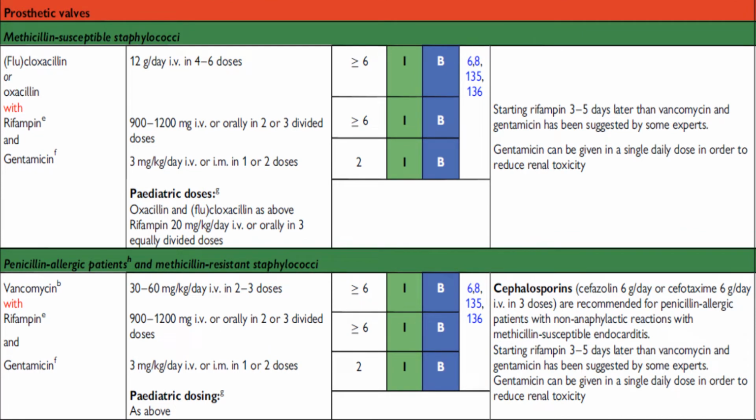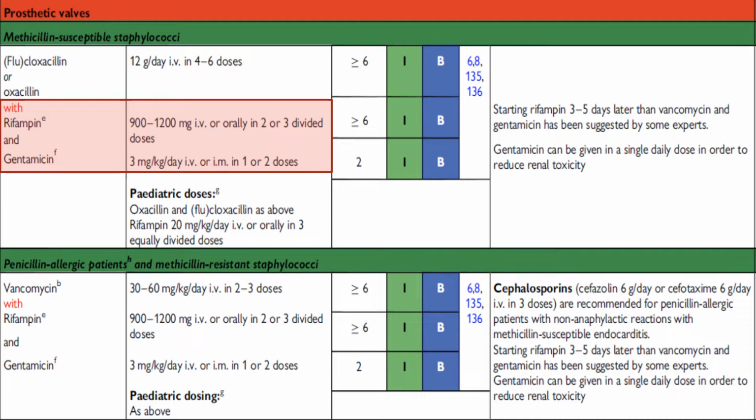For prosthetic valve endocarditis caused by MSSA, you can still use cloxacillin or oxacillin, but in the prosthetic valve we recommend using rifampin and gentamicin. Rifampin we use for the same reason as in empirical therapy, to protect against biofilm production, and gentamicin we recommend in this case, but use only a single dose daily to reduce renal toxicity.